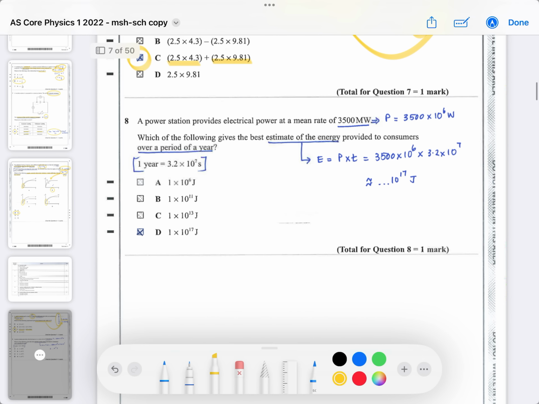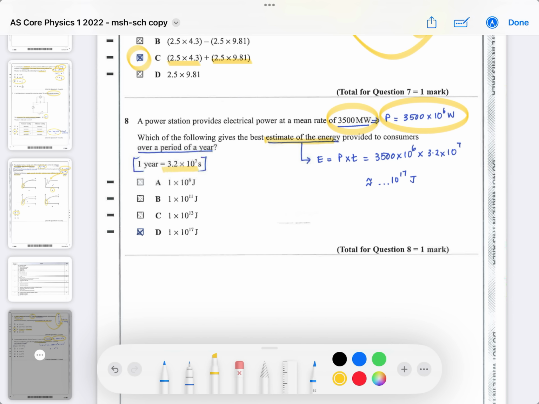Question 8, a power station provides electrical power at a rate of 3,500 megawatts. 3,500 megawatts is 3,500 times 10 to the 6, or 3.5 times 10 to the 9 watts. Which of the following gives the estimate of energy provided to consumers over a period of a year?